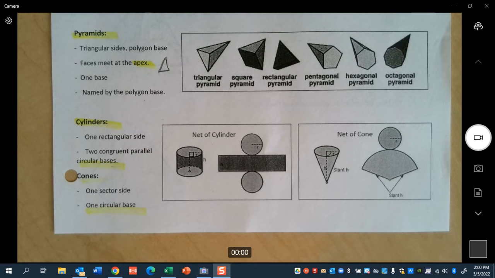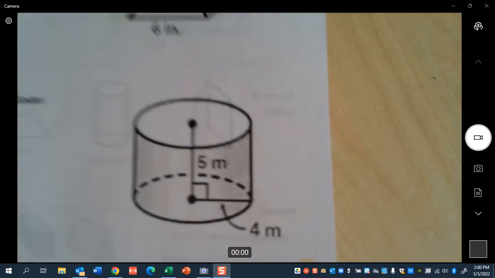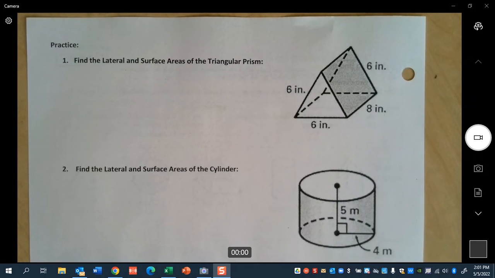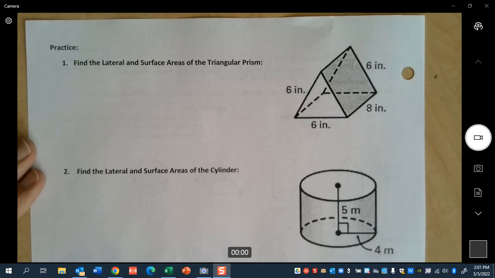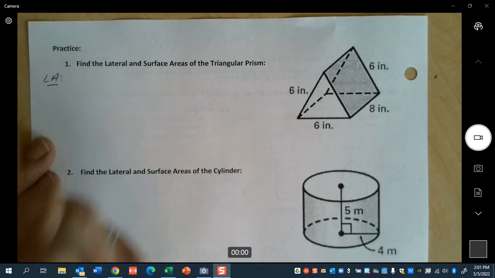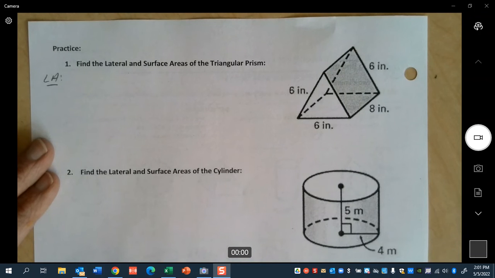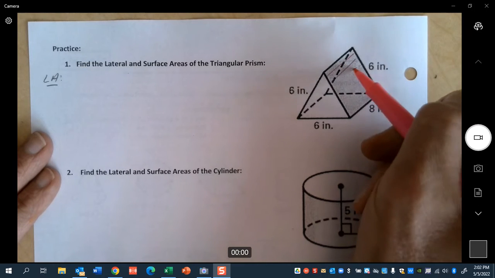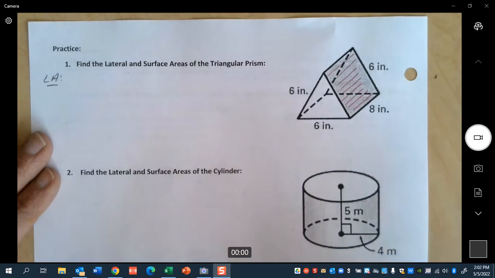Surface area wise, on your pink sheet that is part of your SOL review packet, you have all the formulas when it comes to finding our lateral and surface areas. To me, just breaking it up and finding the area of all the pieces and then adding them together makes more sense. So when I'm finding my lateral area, my sides are going to be my rectangular sides.